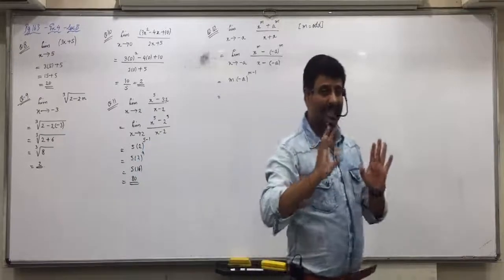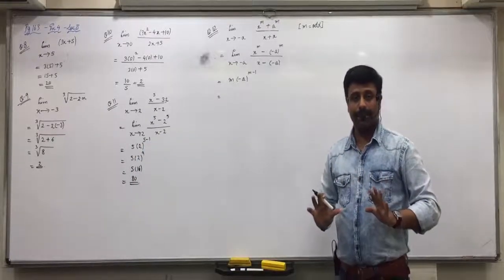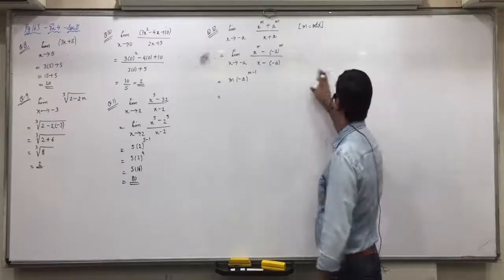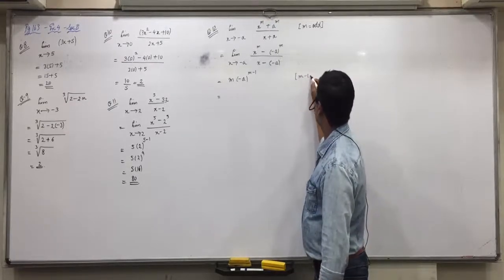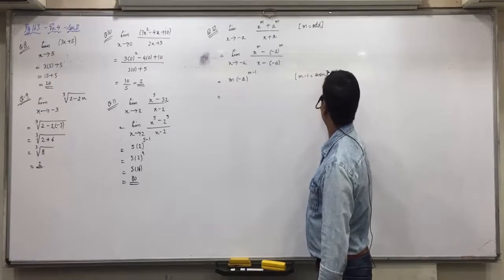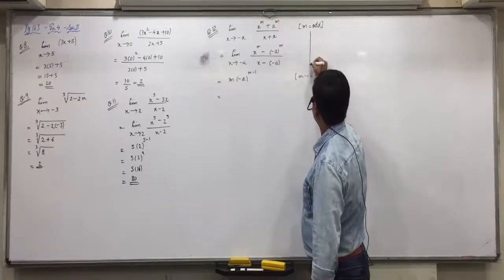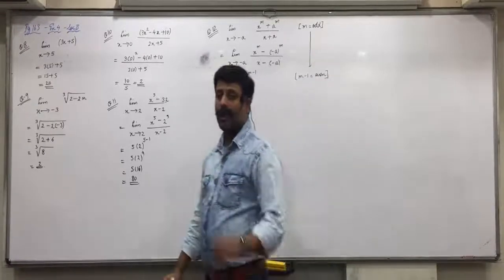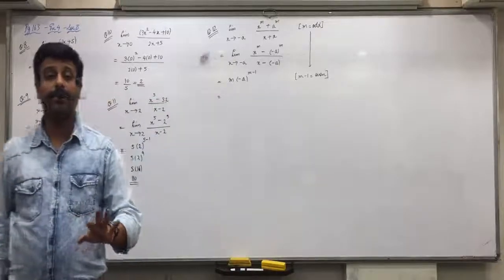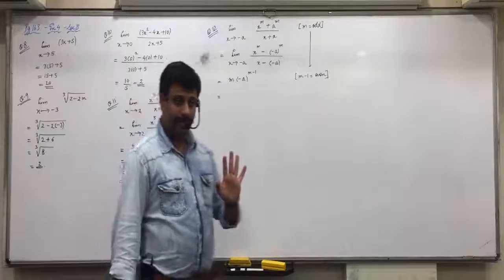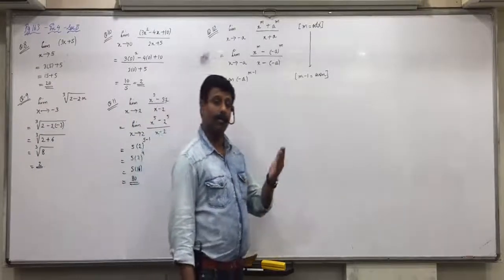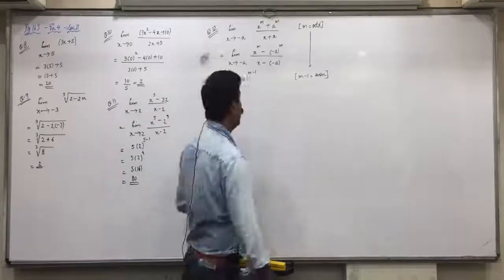Now understand this last step of simplification. M is odd, so can I say m minus 1 would become even? From any odd number, if you minus 1, it would become even. Any confusion in this? Like 5, 5 minus 1 is 4, it becomes even.